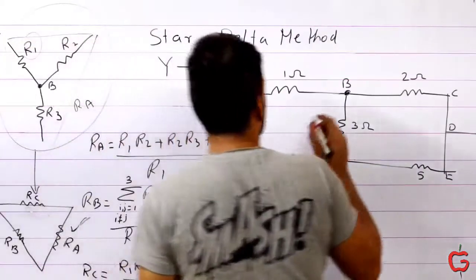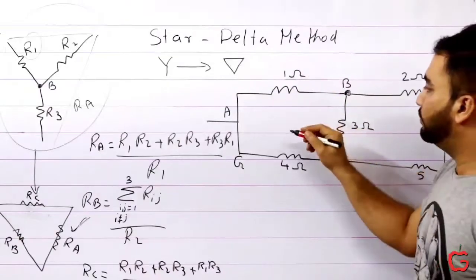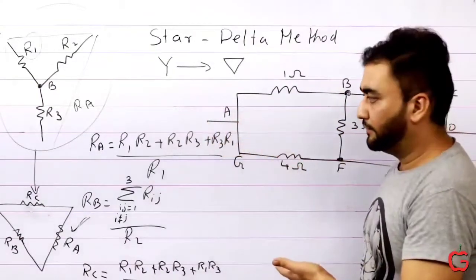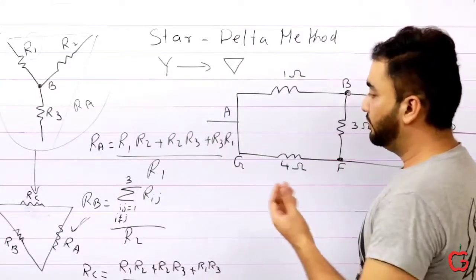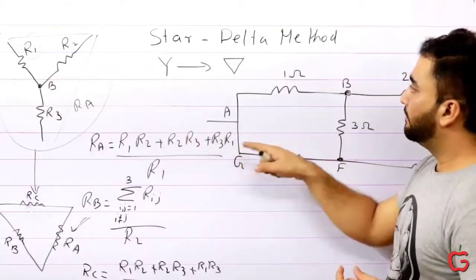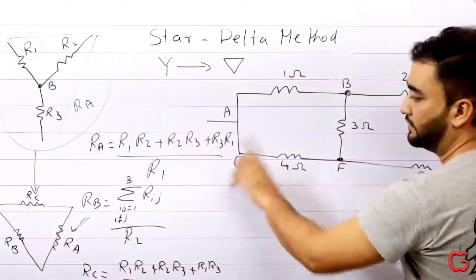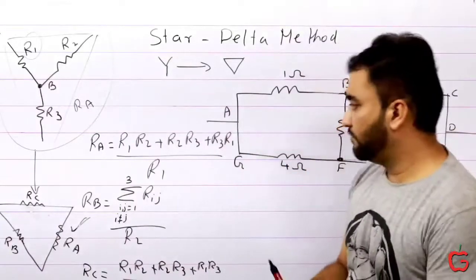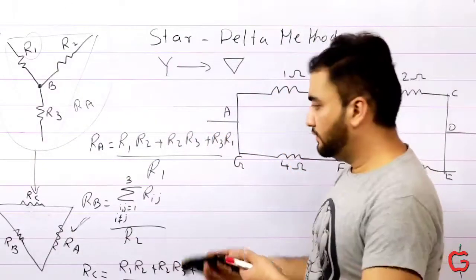So we'll convert this B junction, the three resistances, into a triangle circuit. That will simplify a lot of things for us. I would like you to note these down because I am going to transform this, so I need some space for the ruler. I am going to rub these. You may pause and write this down, or I will give all these formulas at the end of the video also.